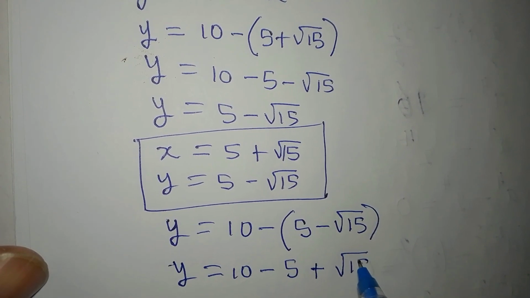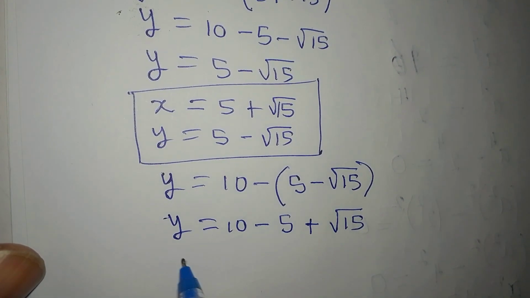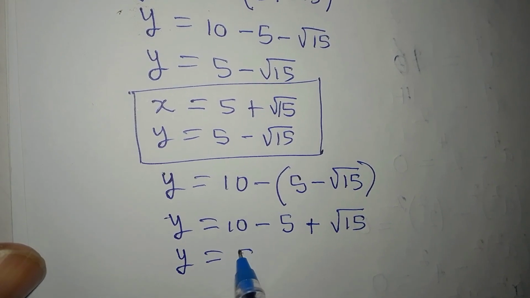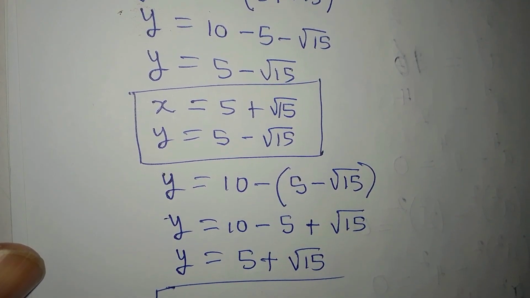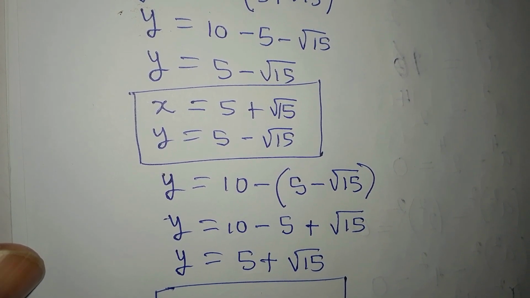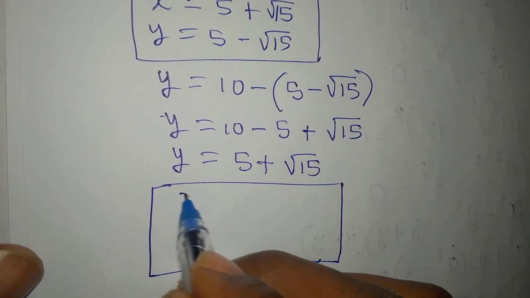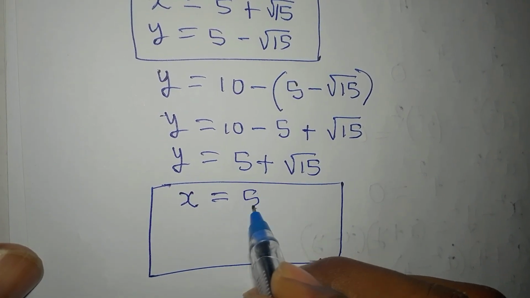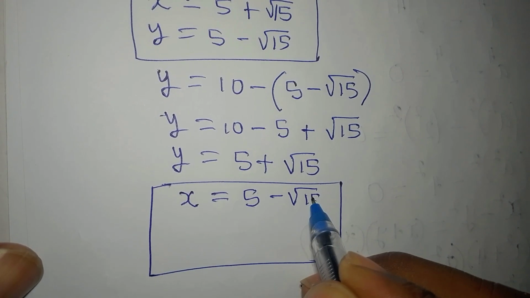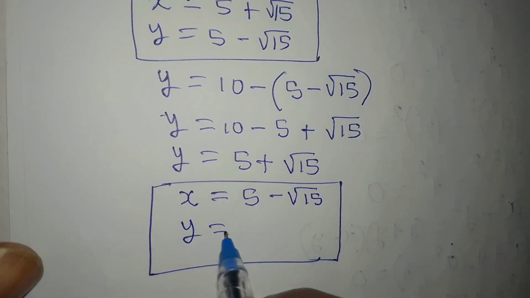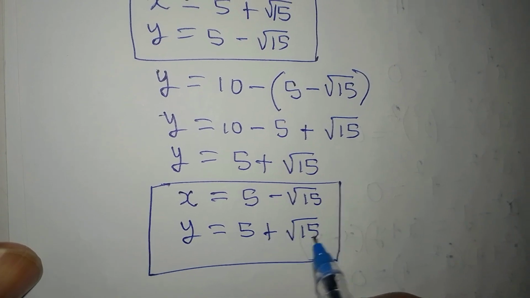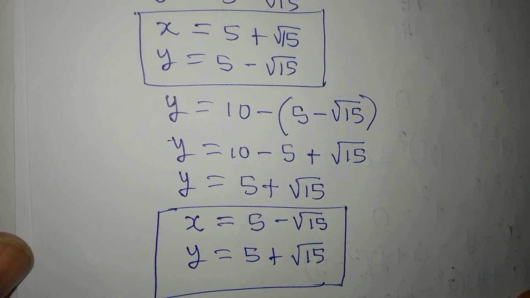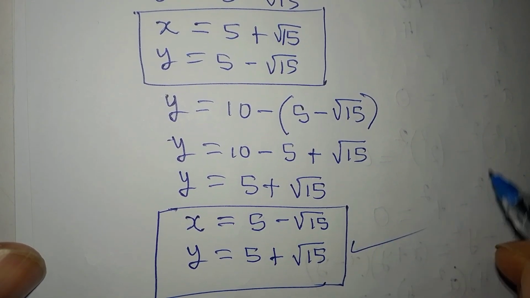Then we have root 15. This means that our y is 5 plus root 15. So we are also saying that when x is equal to 5 minus root 15, y is equal to 5 plus square root of 15. So at this point, we have solved the equation completely.